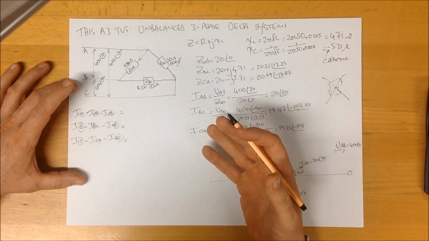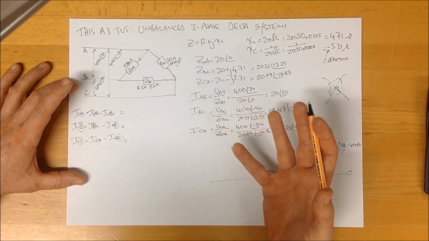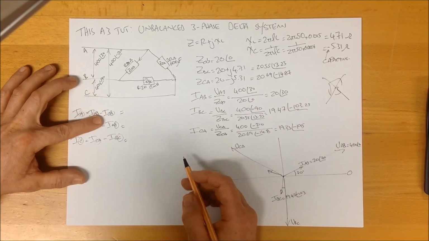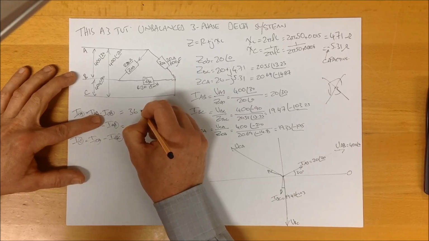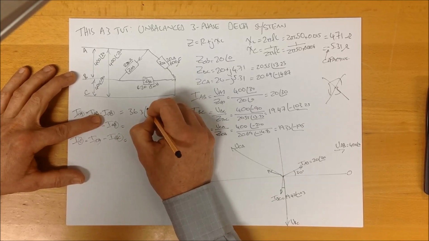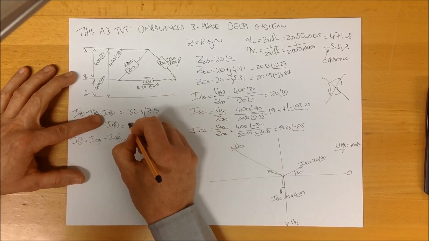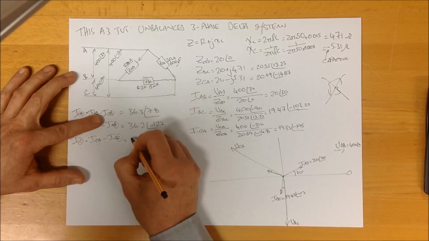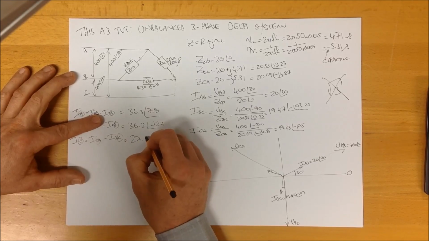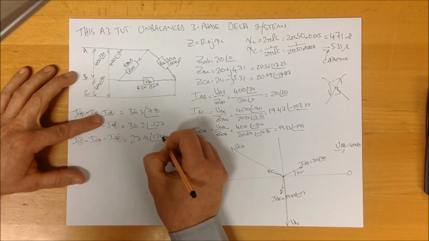I'll let you hit the pause button and go and do that, and you can come back and double check your answers, because you should come up with 36.3 at an angle of 7.8, 36.2 at an angle of minus 127, and 27.9 at an angle of 120.